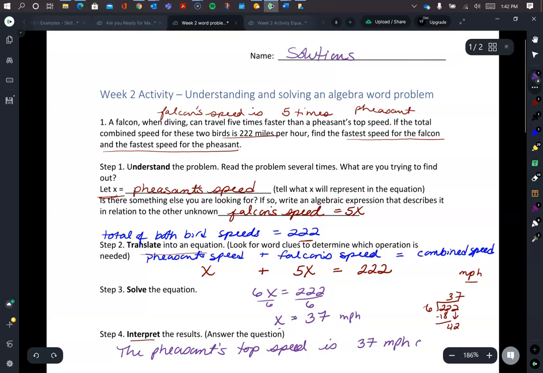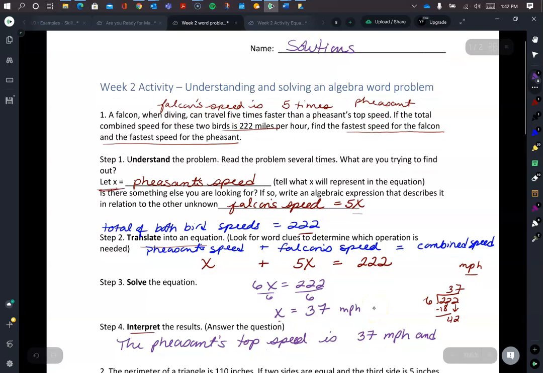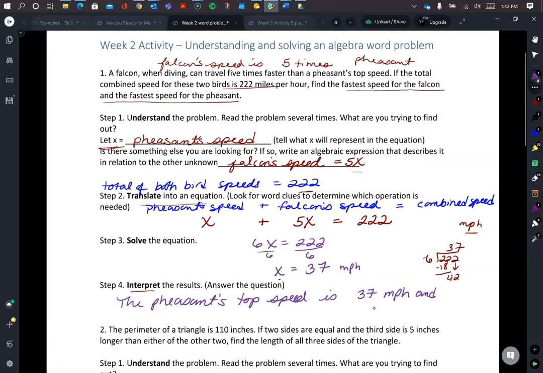And then how does that relate to my second part? The falcon speed is 5x. So we need to multiply that out, and we can do that off to the side over here too. 37 times 5. And do it out the long way. 5 times 7 is 35. 5 times 3 is 15, plus 3 is 18.